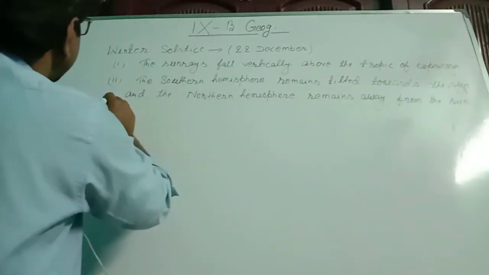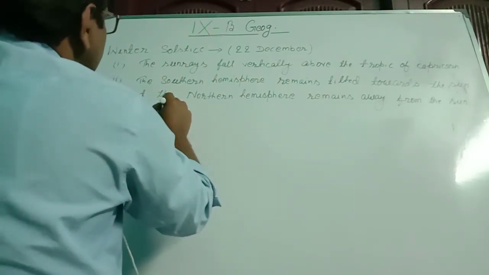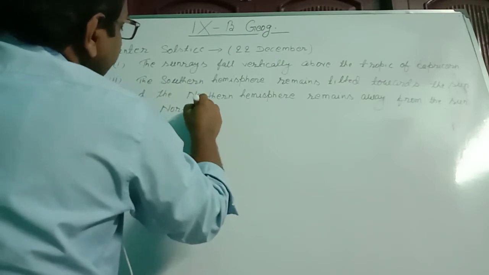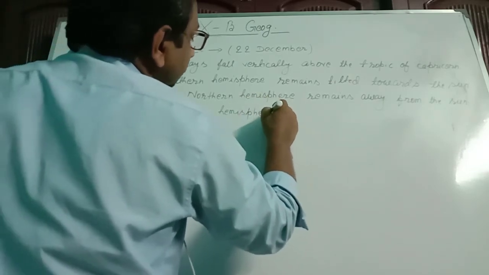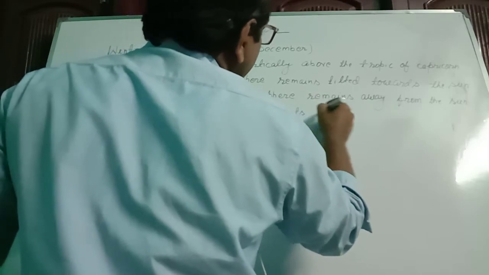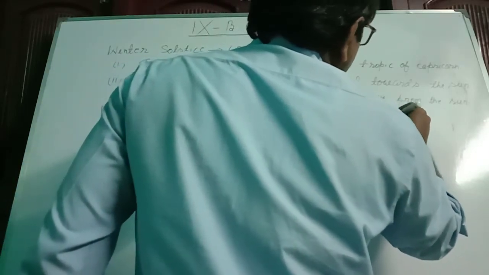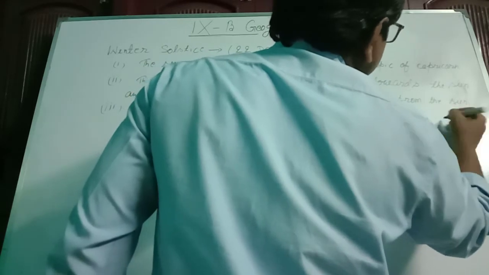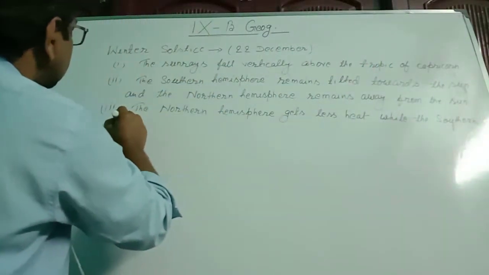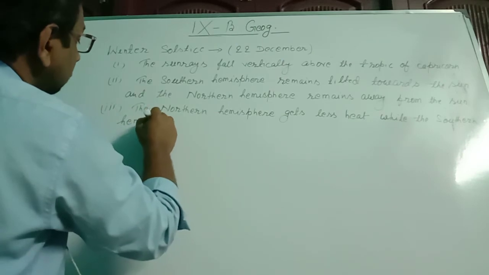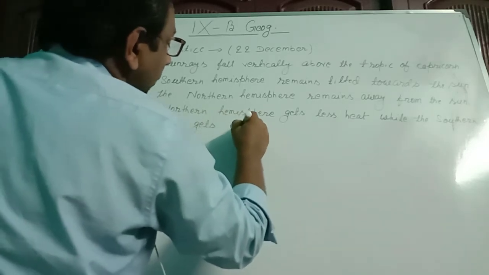So what happens? The northern hemisphere gets less heat, while the southern hemisphere gets more heat.